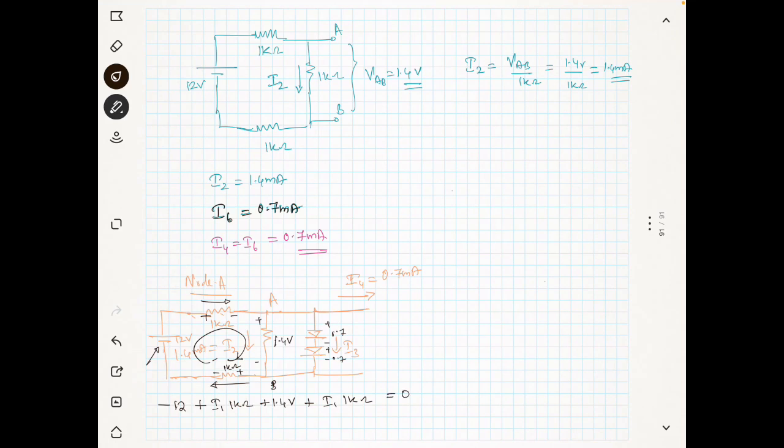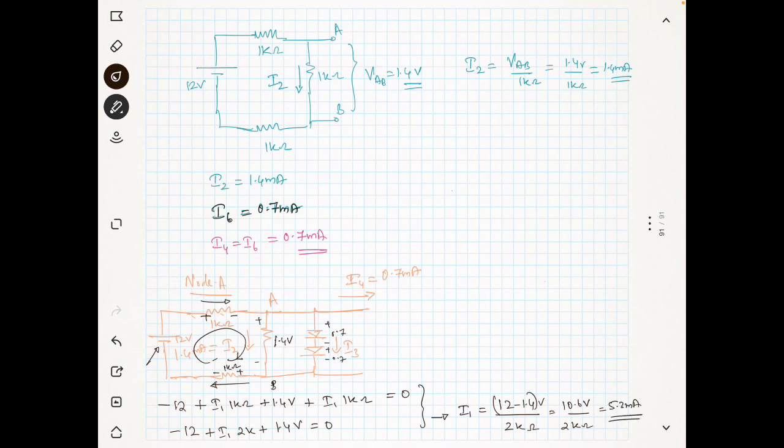So minus 12 plus I1 into 2 kilo ohm plus 1.4 volt is equal to 0. We can easily solve this equation: I1 is 12 minus 1.4 divided by 2k, that means 10.6 volt divided by 2 kilo ohm, which is 5.3 milliampere.